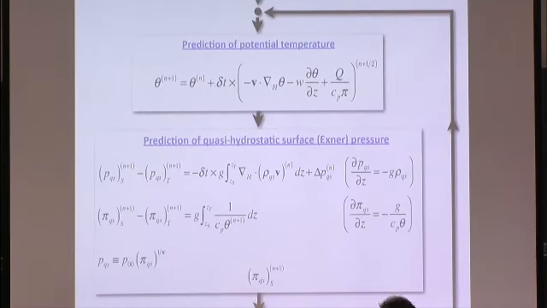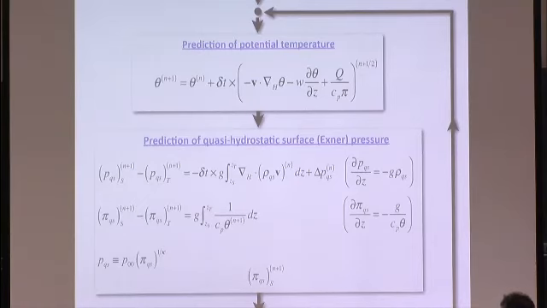Now, in the first step, we predict the potential temperature by knowing velocity, potential temperature, W, and the heating too. You can use any fancy time integration schemes here, but I just use Adams-Bashforth. It works fine. And now this part, we spent some time on this.